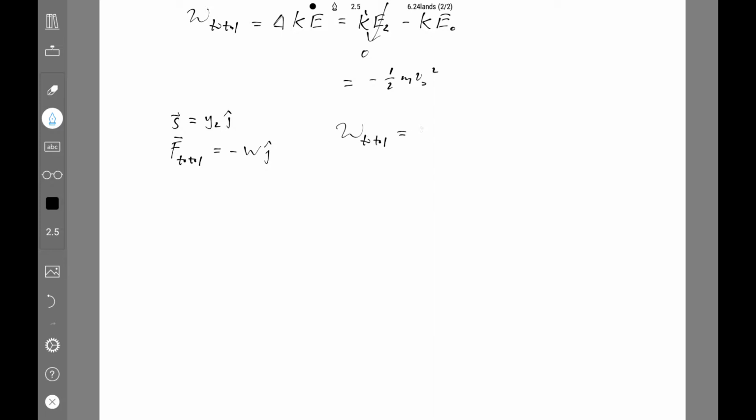The total work done on the rock is F total dotted into S: negative W times y2 times j hat dot j hat, which is just 1. So that's negative mg y2.